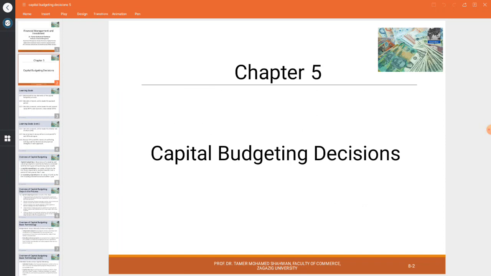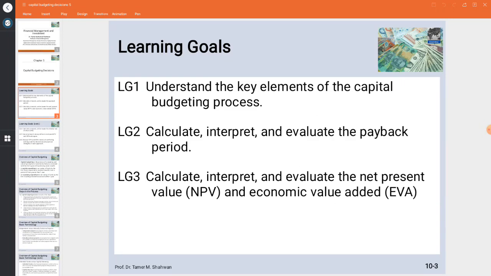In this chapter we are mainly concerned with determining which long-term investments the firm should engage in. In this chapter we are going to achieve the following learning objectives.